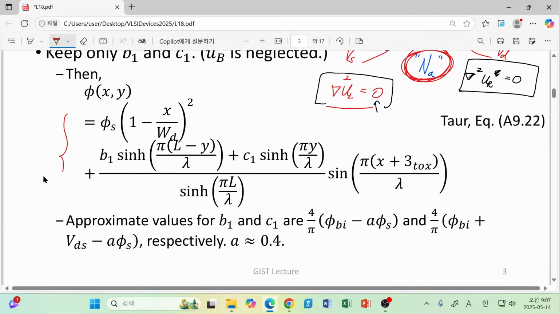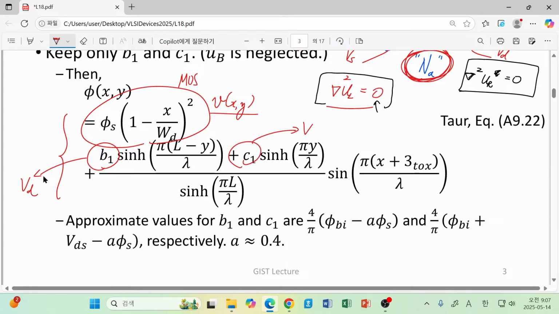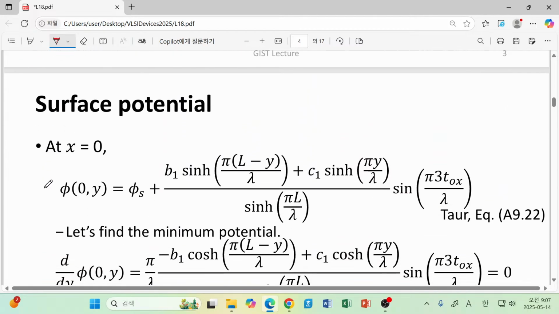As you can see here, this is corresponding to our V function, the term of our MOS capacitor. This is the source related term, and this one is the drain related term. Now we wanted to calculate our surface potential. How can you calculate the surface potential?